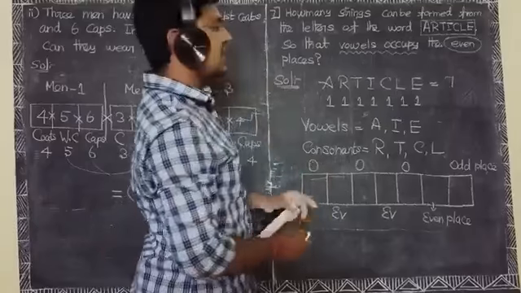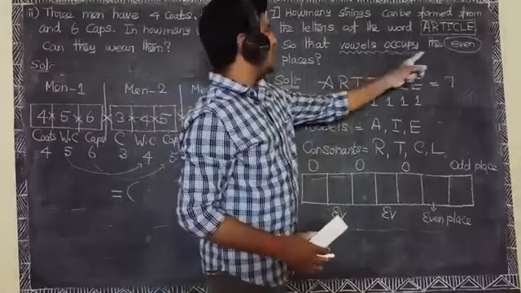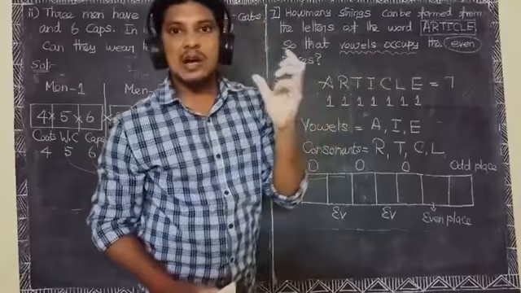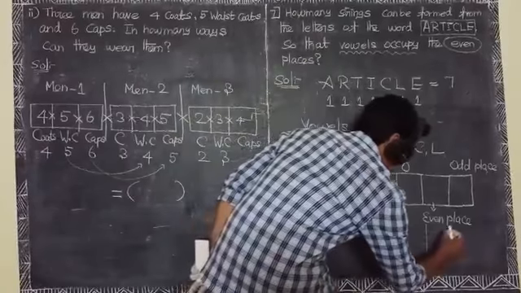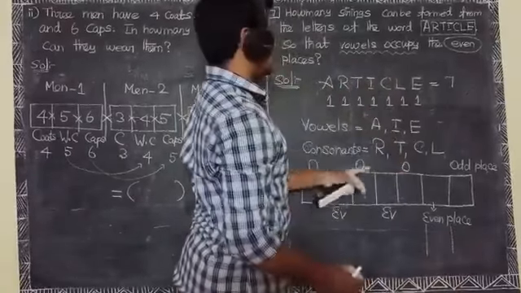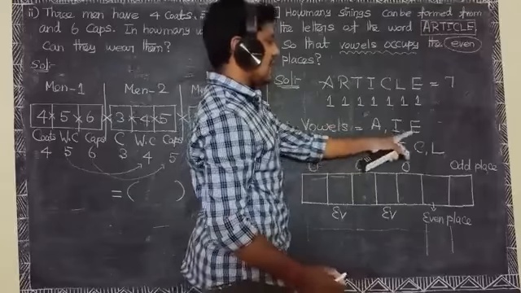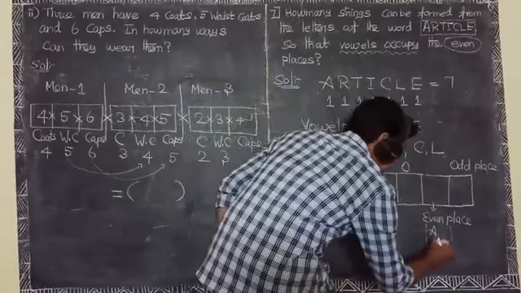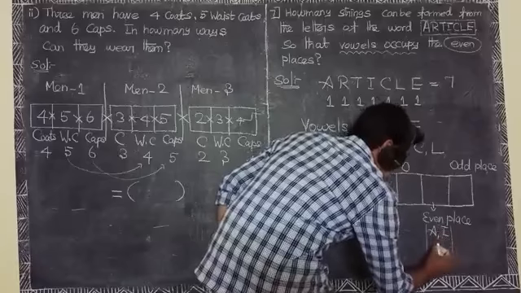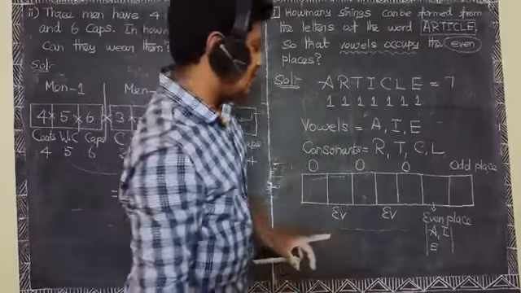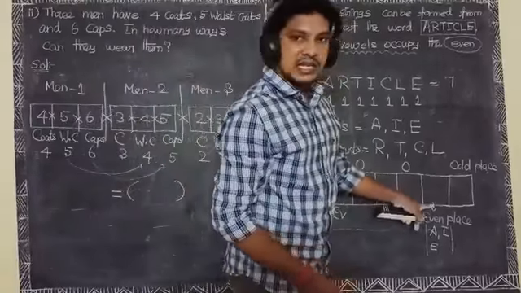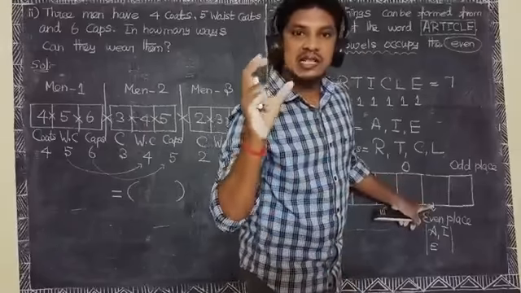In the condition, vowels occupy the even places. Totally 3 vowels, A, I, E. First apply the condition: in the first even place there are 3 chances, that is A, I, E.